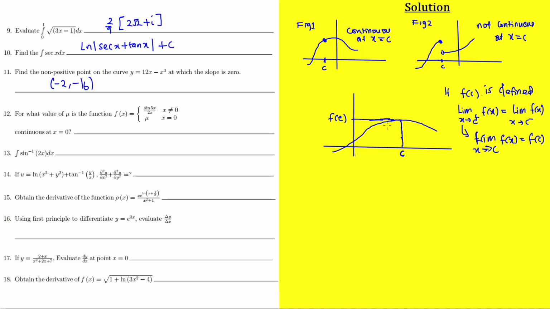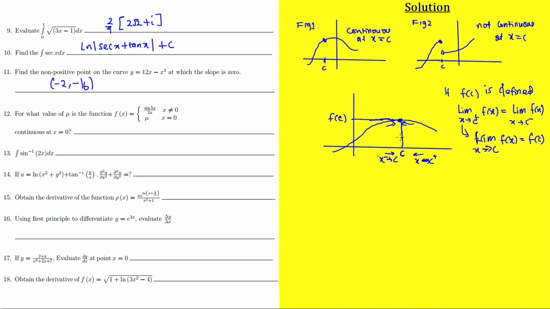You can see that as x approaches c from the left, and x approaches c from the right, they are both approaching this value of f of c. So this function is continuous at point c.